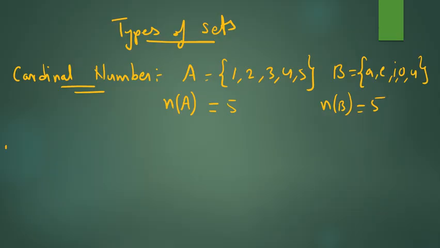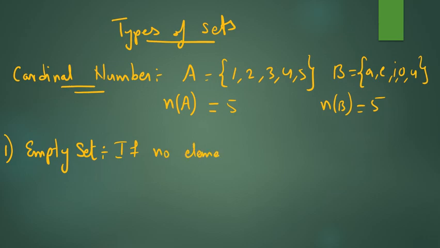Now, the first type of set is the empty set. What is an empty set? If no elements are there in a set, that type of set is called an empty set.